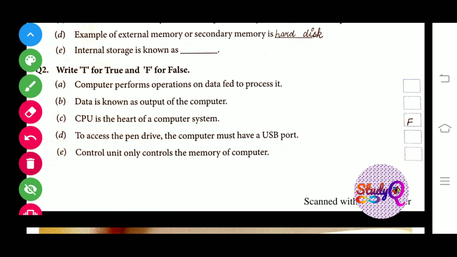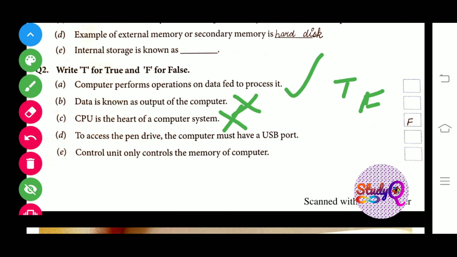Then, data is known as the output of the computer. False. It is not data, it is information. So the first is true, and the second one is false. Now the third one, CPU is the heart of the computer. CPU is not the heart of the computer, it is the brain of the computer. So it is false.